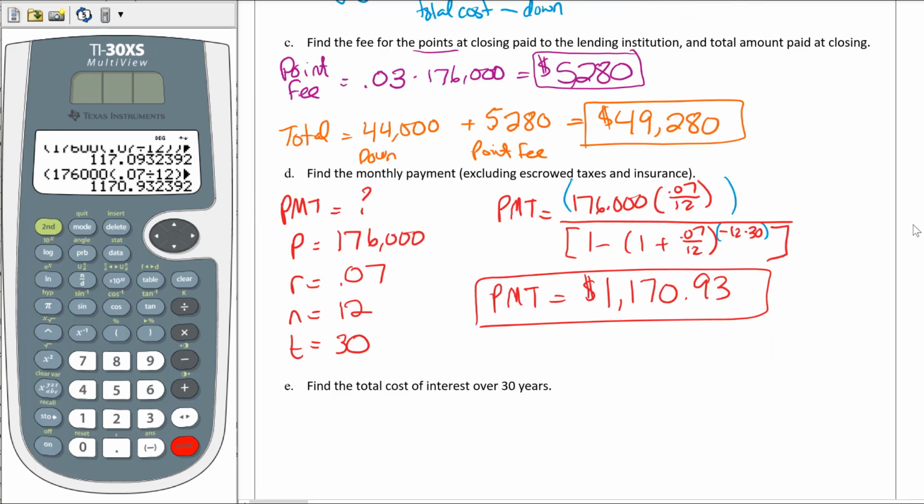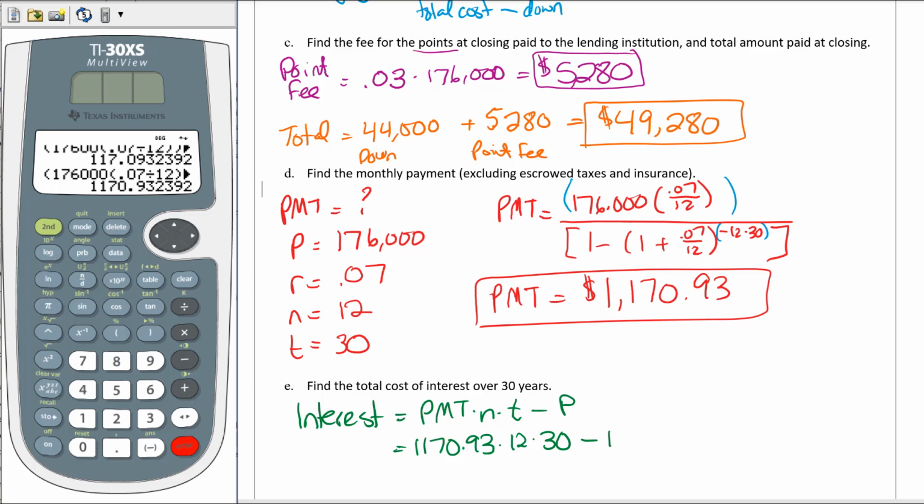And the last thing that we need to do is find the total interest. So the interest is going to be the payment times the number of times per year times the time minus the amount financed. So we have 1170.93 times n, which is 12, times t, which is 30, subtracting off the 176,000 that we financed.